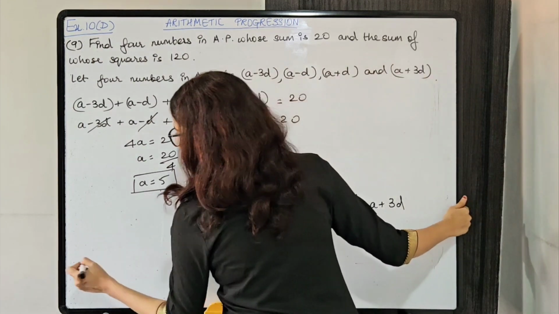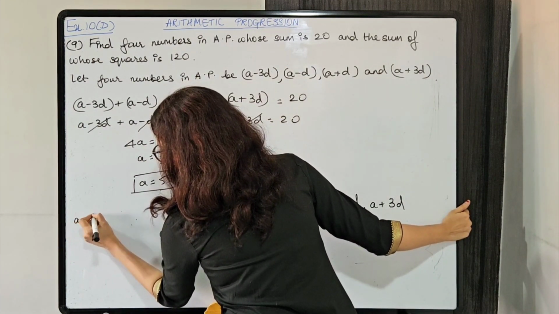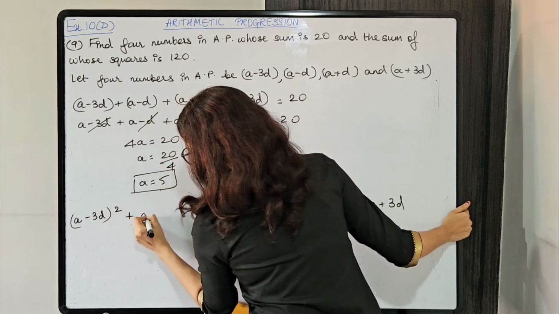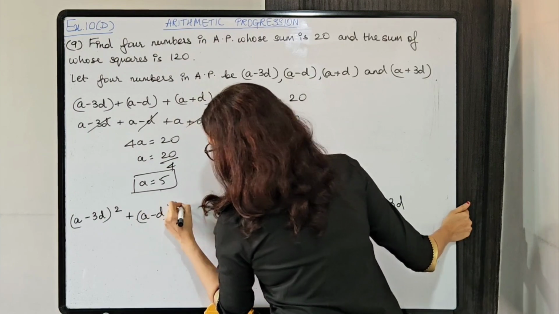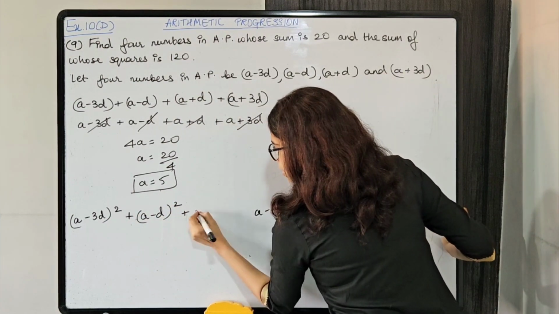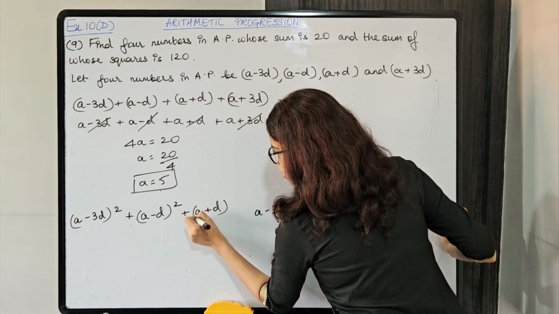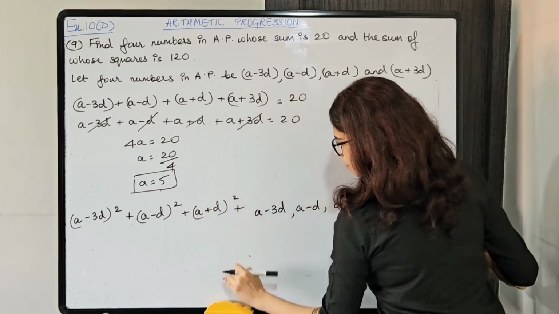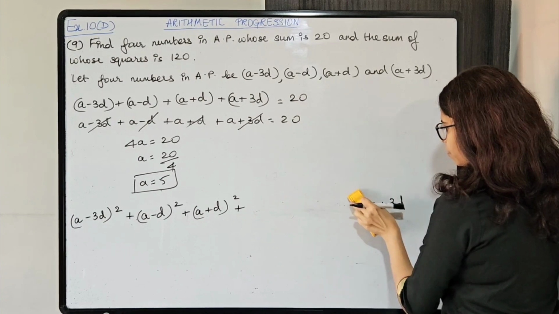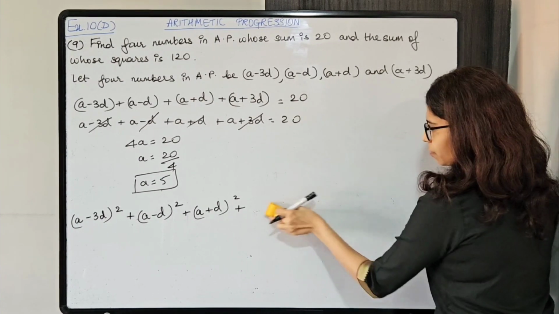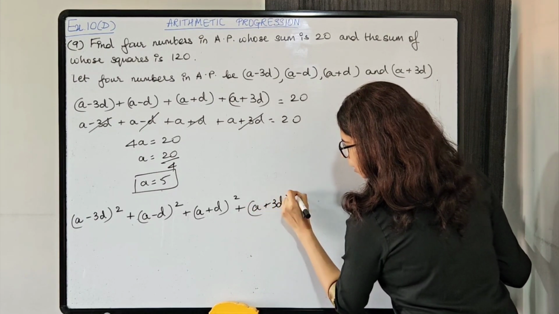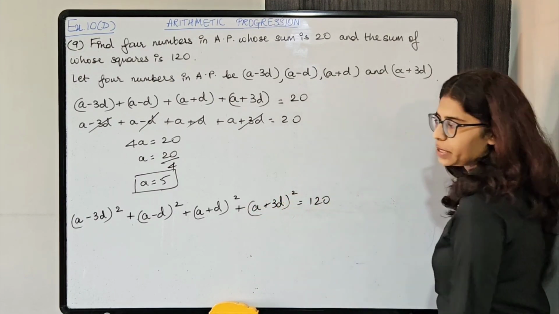Okay, so a minus 3d का स्क्वायर plus a minus d का square, it will be whole square. Okay, plus a plus d का square plus a plus 3d का square is equal to 120.